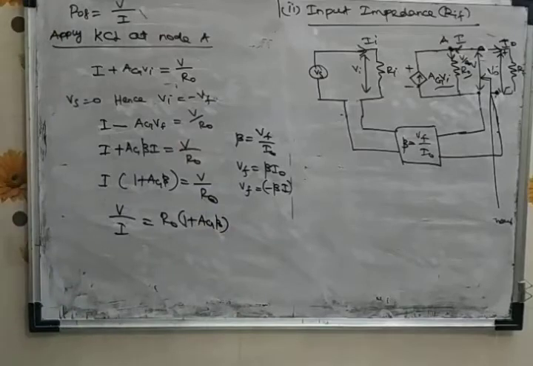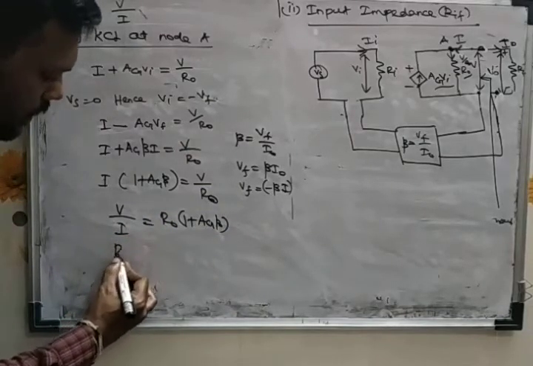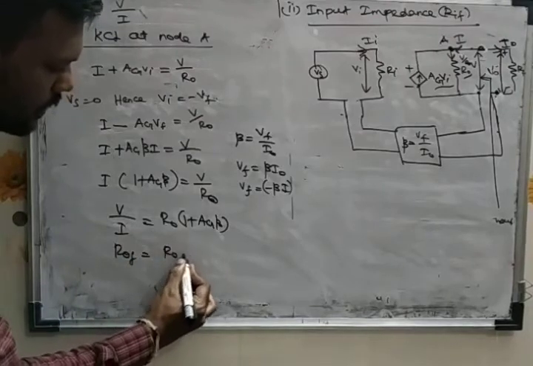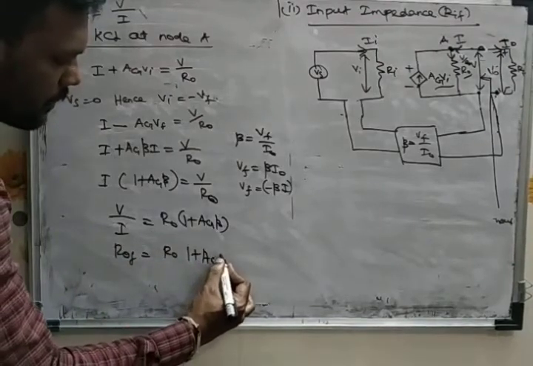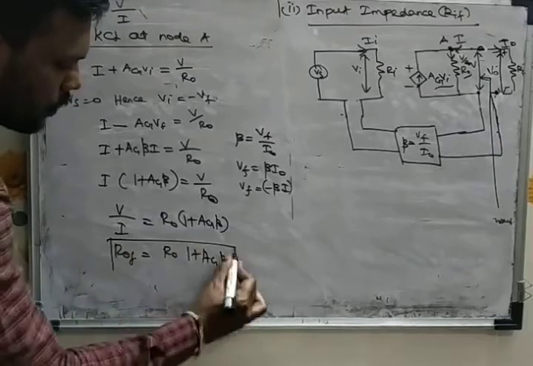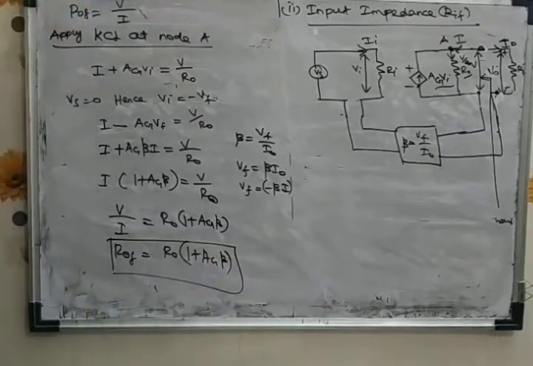So in case of series feedback amplifier, R naught has increased by the factor 1 plus Ag into beta.